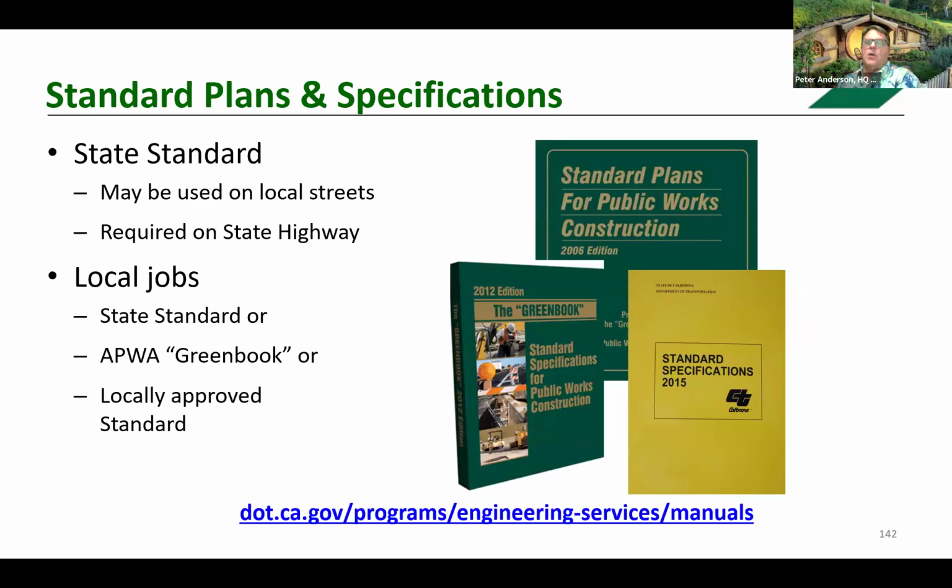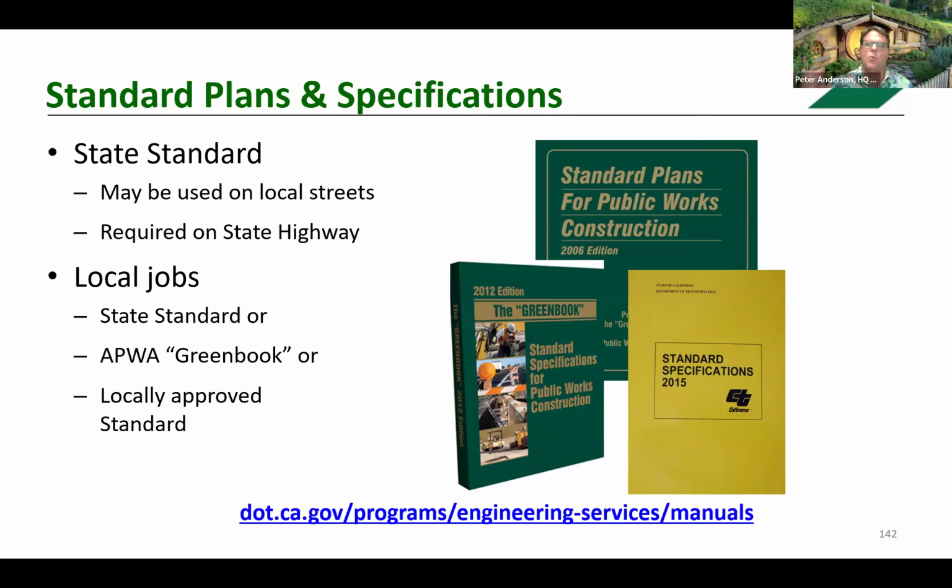So for all projects on the state highway system, we use the Caltrans standard plans and specifications. But projects on the national highway system, so I've been talking about route classification. Then I mentioned how the national highway system was initially created with interstates and the strategic routes to connect port facilities, etc. And then it was expanded to incorporate all the principal arterials.